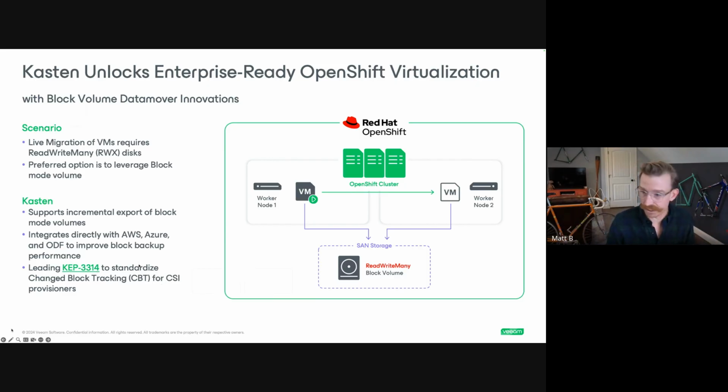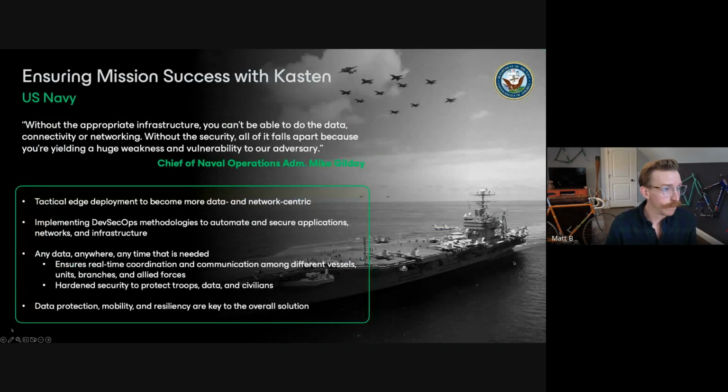We're very interested in working with storage partners that have change block tracking capabilities within storage today, but don't have a standardized way to expose that through the CSI provisioner.